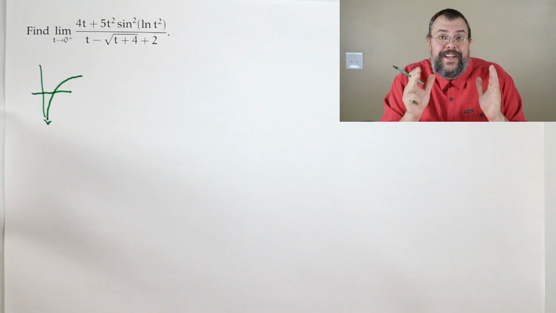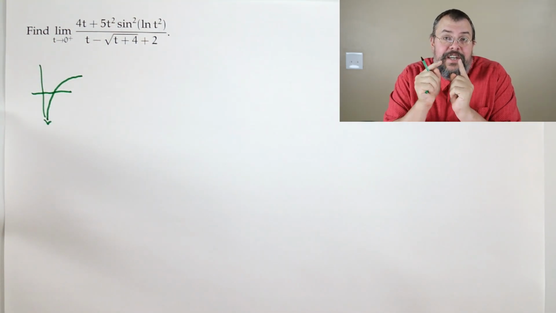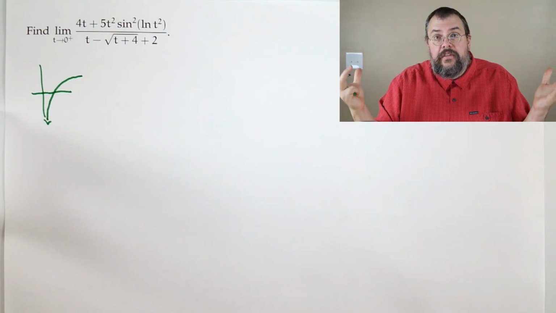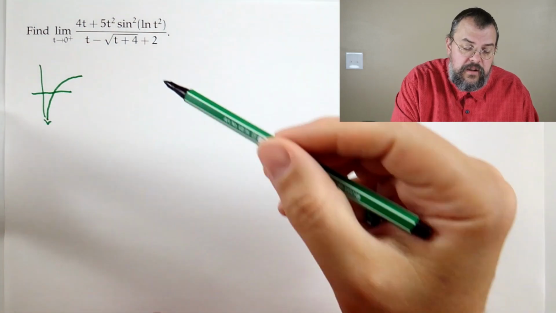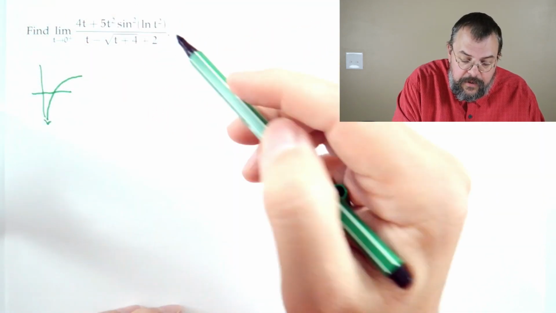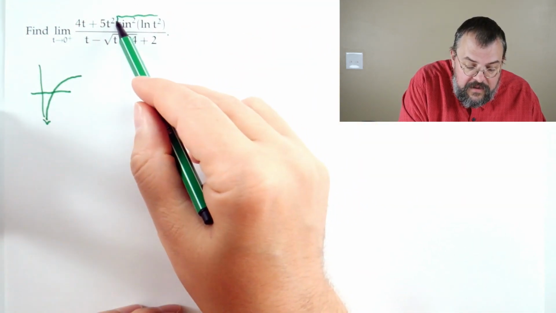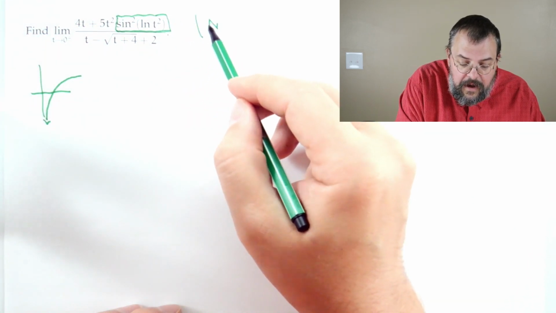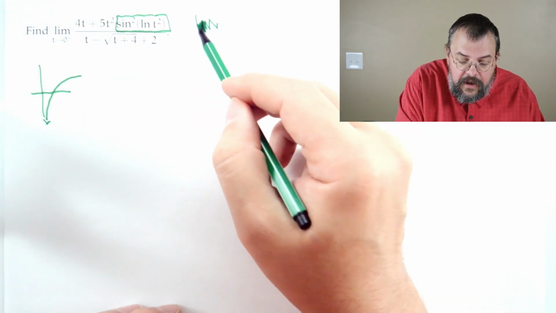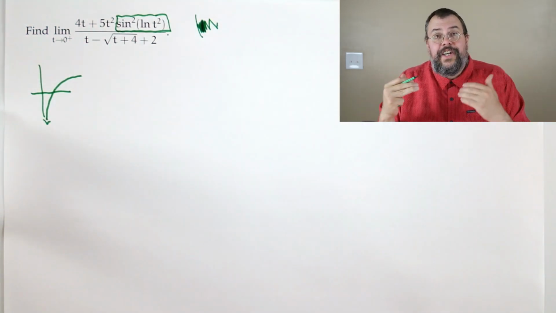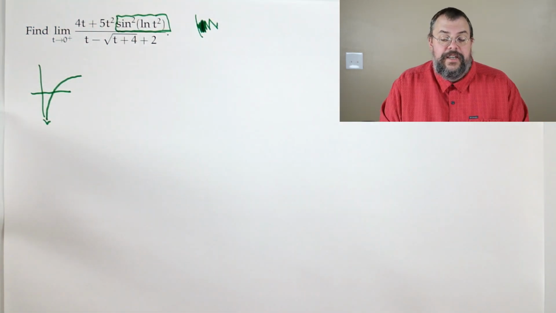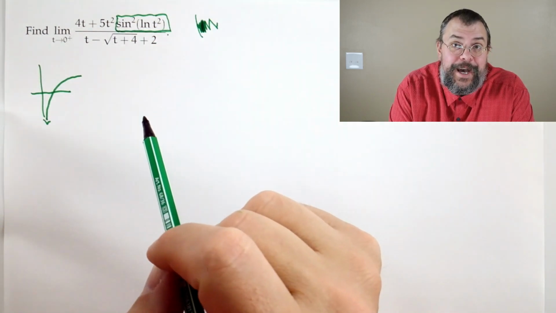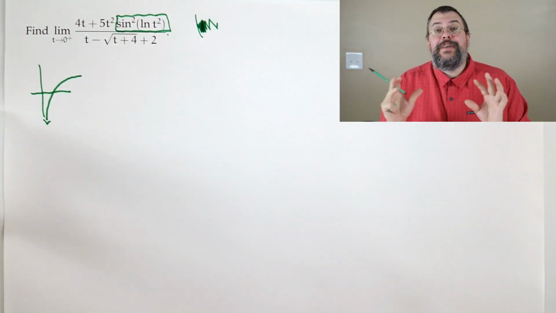So the inside of the log function is shooting off to a very large negative value, which means that this piece right here, let me box it, is doing that crazy oscillation thing, wildly oscillating near 0. So we want to be careful.